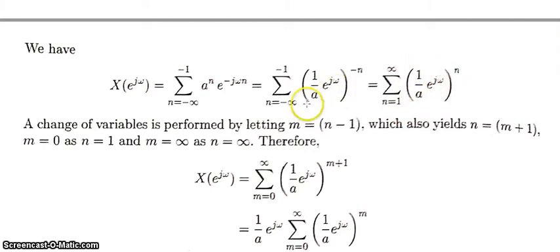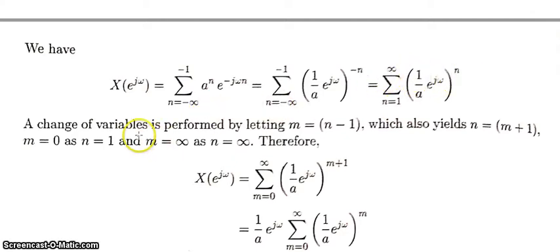When n is minus 1, here if it is minus n, it will be plus 1. So when n is 1, it is n itself, so there won't be any change in value.